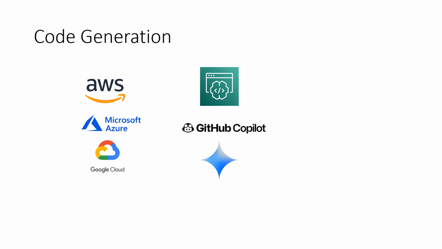So next one from Google is Duet AI. Earlier it was known as Duet AI for Developers. Now it is known as Gemini Code Assist. So it is AI assisted application development.